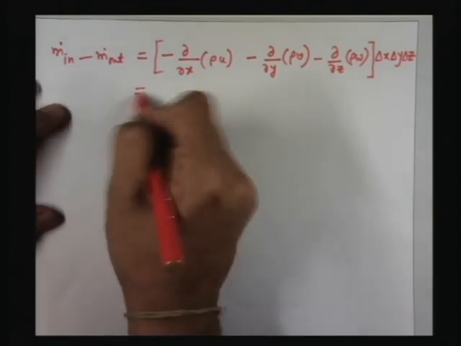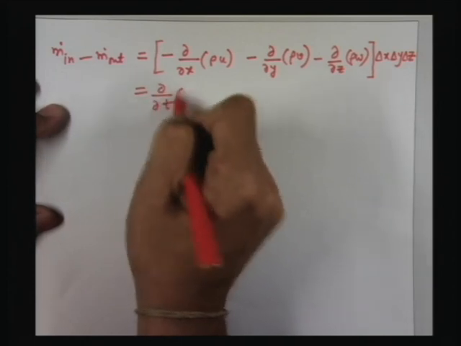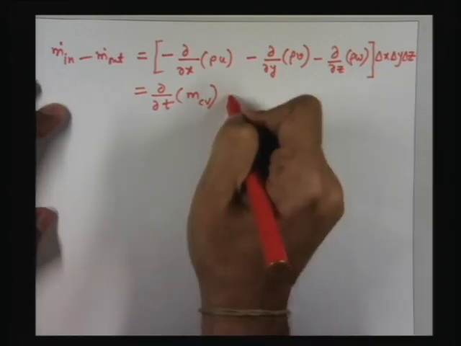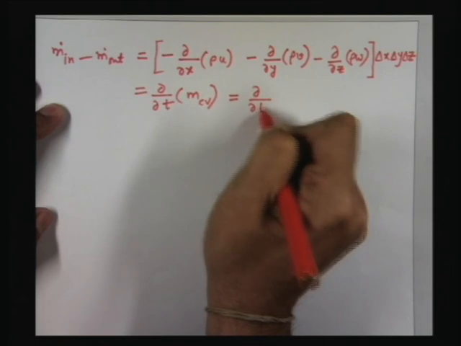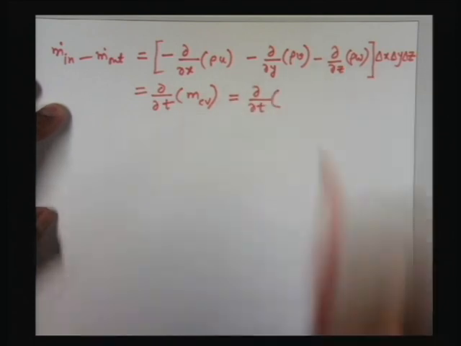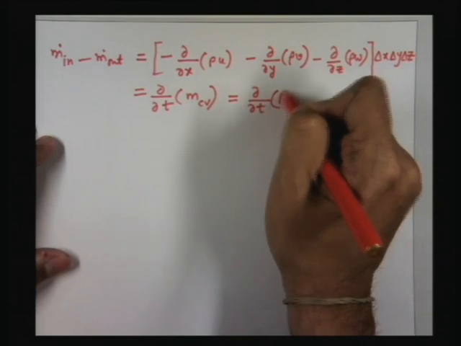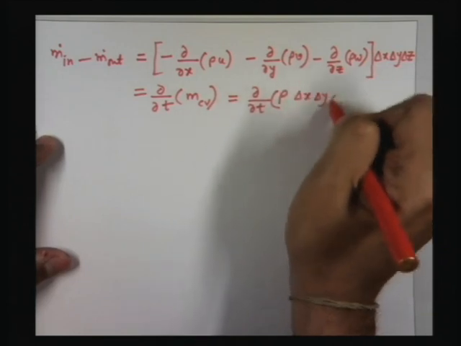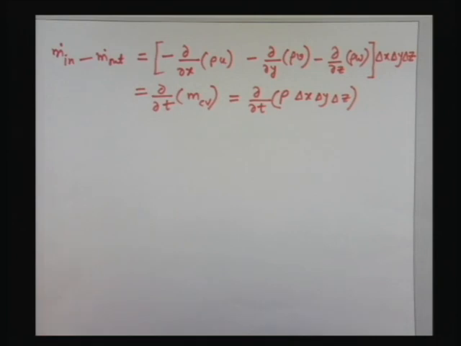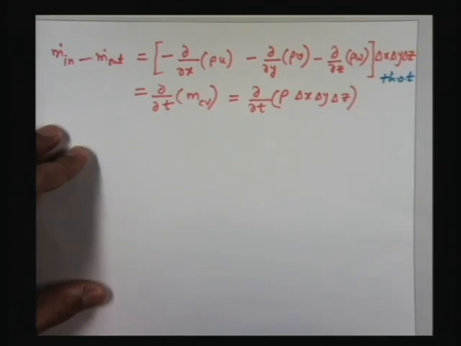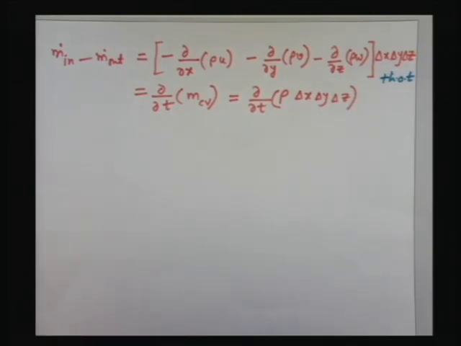And this is nothing but what is mass within the control volume? The volume of the control volume times the density. So rho into delta x, delta y, delta z. Remember that in the left hand side we also have the higher order terms. So we should technically write the higher order terms before we take the limit. Before we take the limit, we cannot say that higher order terms will be tending to 0.